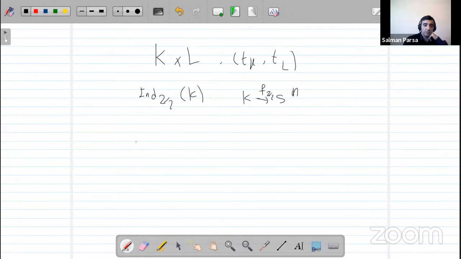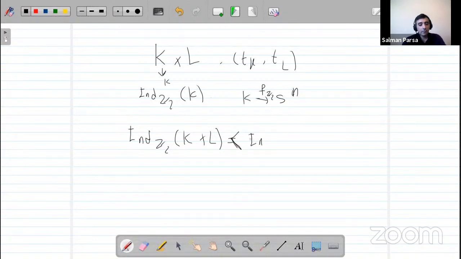So because there are these equivariant maps from K and L, the index of the product is less than or equal to that of K and L. Now the question is, does the index actually drop? Are there complexes where the Z2 index of the product is actually less than the minimum of the two indexes?